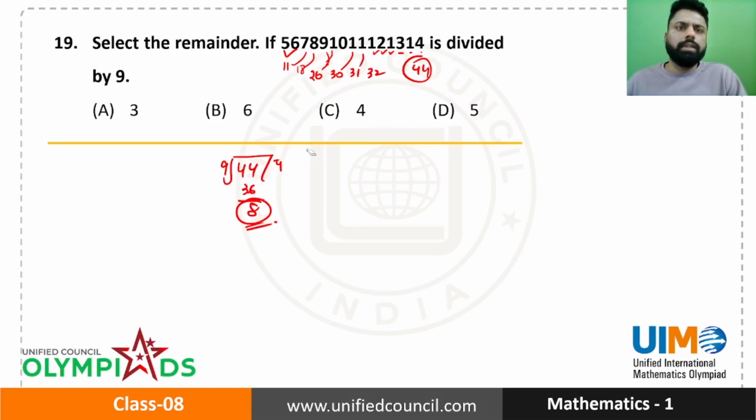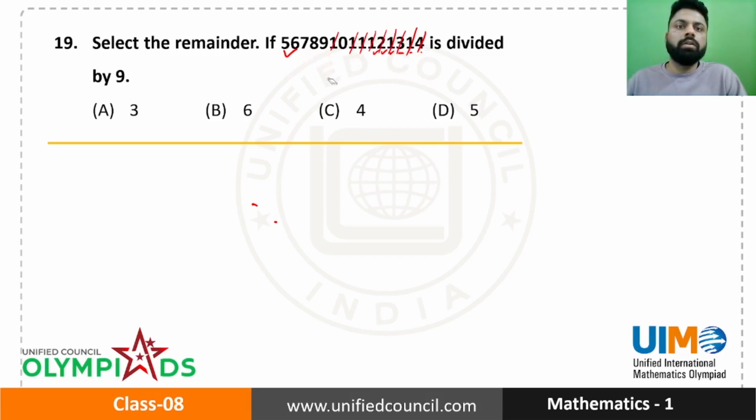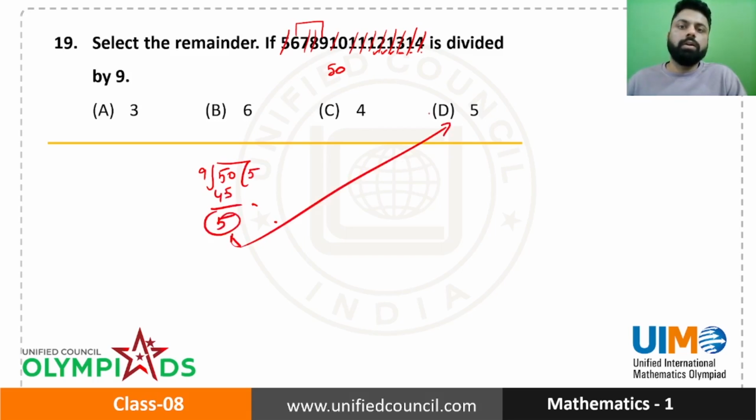Let's cross check once again whether the sum is correct or not. 4 plus 1, 5, 3, 8, 9, 10, 11, 12, 13, 14, 15, 20, then 35, 35 plus 15, that is 50. Okay, the sum is 50. 9 times 5 is 45, 5 is the remainder. So that is what the remainder is.